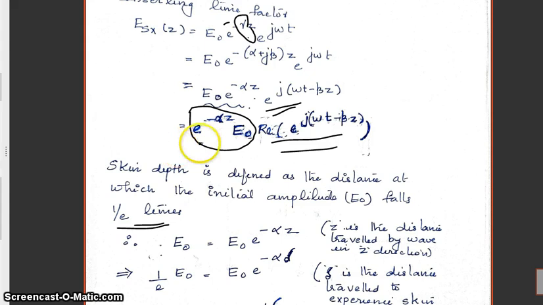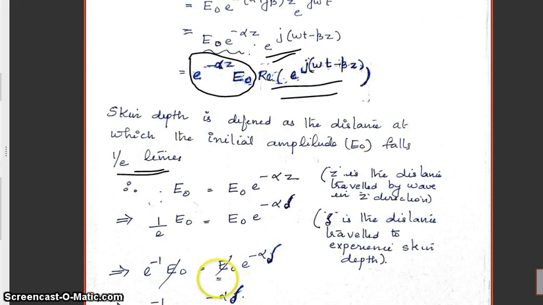So now I am taking only these two terms, that is E is equal to E0 into e raised to minus alpha Z, where Z is the distance travelled by the wave along the Z axis. Now I am adding the definition of skin depth to this formula, that is 1 by e into E0.